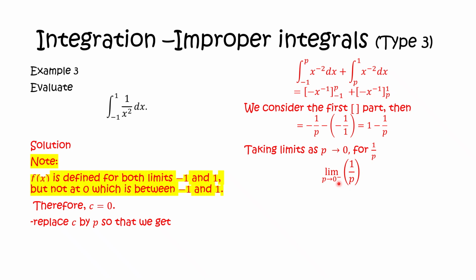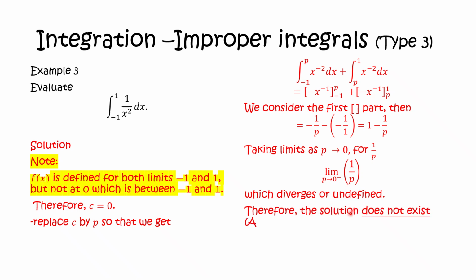Taking the limit as p approaches 0 from the negative of 1 over p, we see that this diverges, or it becomes undefined. Therefore, there is no solution for this particular problem, and we conclude the solution does not exist.